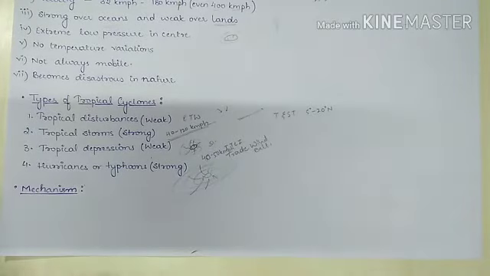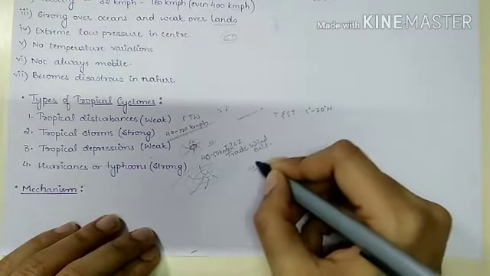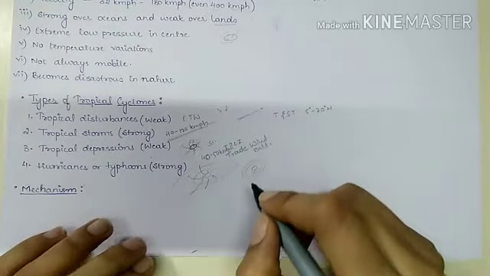Now we may say that temperate cyclones and hurricanes look similar, but hurricanes differ from temperate cyclones. How? First, hurricanes are represented by more symmetrical and circular isobars. So they will always have symmetrical and circular isobars.